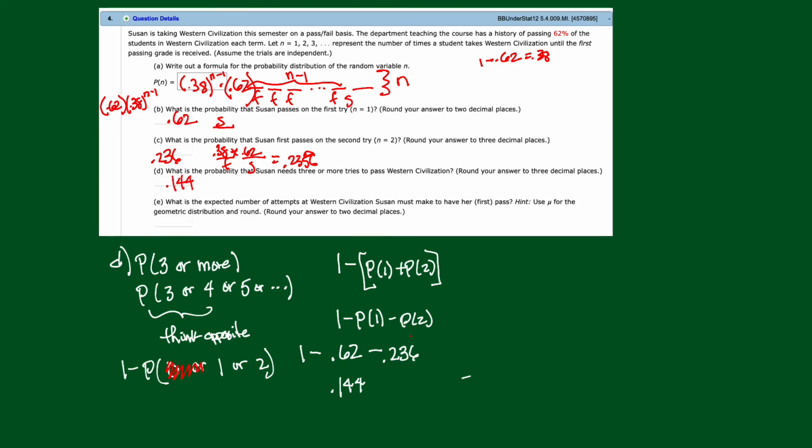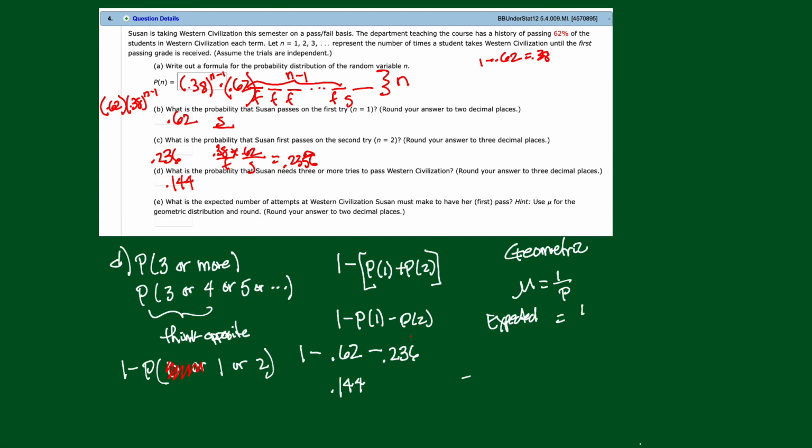And the last part, E, says what is the expected number of attempts? This is a geometric. So for a geometric distribution, the mean, that's the expected number, is 1 over P. It's the mean, that's always your expected number.